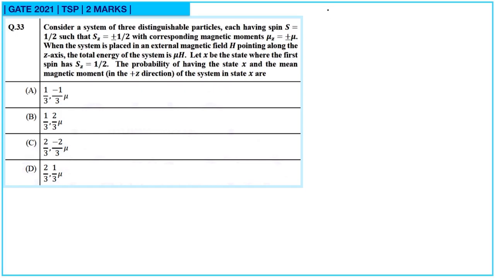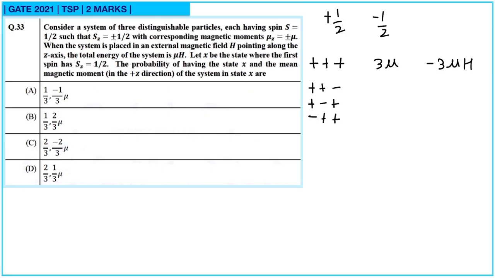Now we have particles whose spin can be plus half and minus half, and there are 3 such particles. If all of them are having spin up, that means plus plus plus, so total moment will be 3 mu, and corresponding energy will be minus 3 mu h. If any one of them is negative, then this will be plus plus minus, plus minus plus, minus plus plus.